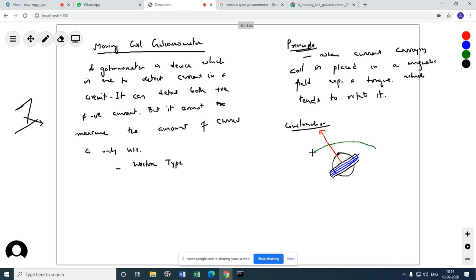This is the scale, and then we have the other mechanism. So here are our field magnets.